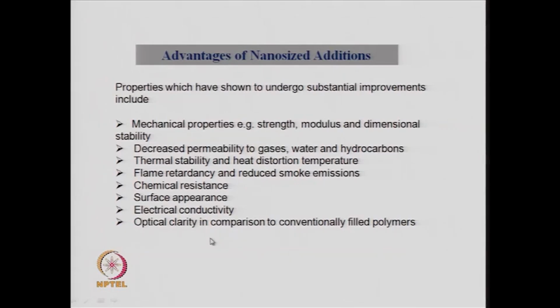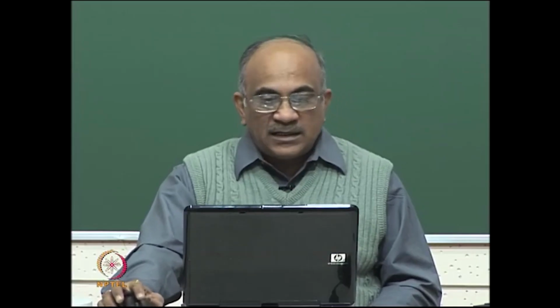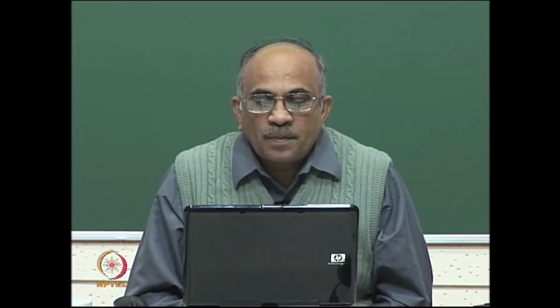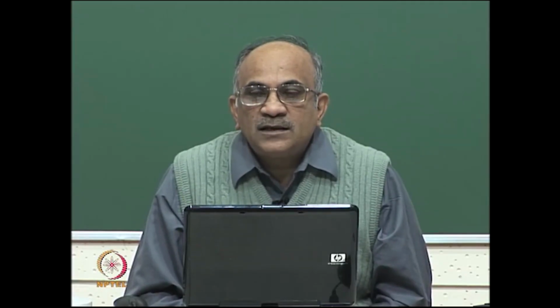Finally, in some cases you need optical clarity. For example, if you are making certain lenses and you need optical clarity, or you are making some prisms for optical data collection, in those cases optical clarity is very much required. That means the transmittance has to be very high, and many conventional polymers filled with certain normal cheap materials used in the industry have been shown to lower the transmittance.